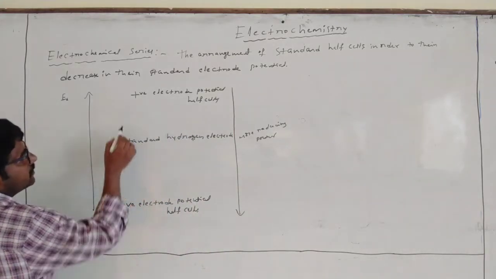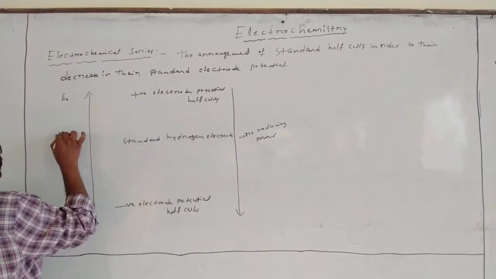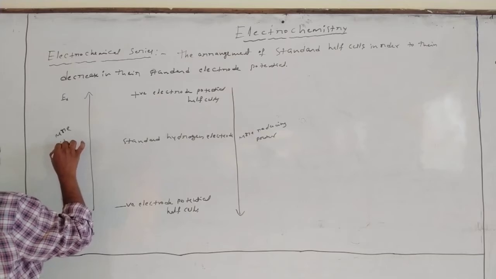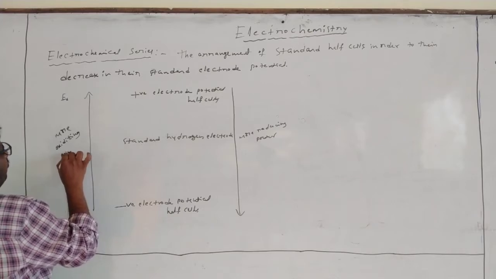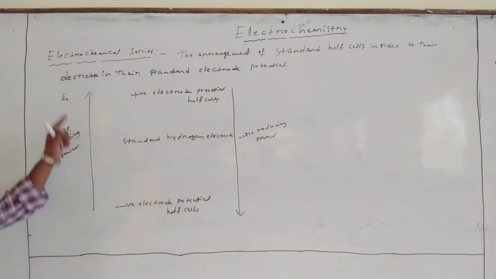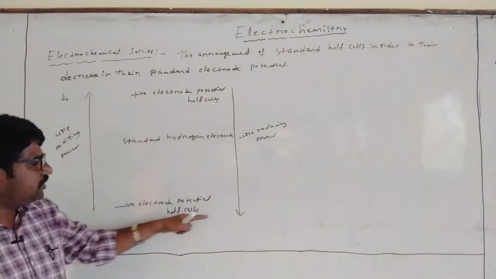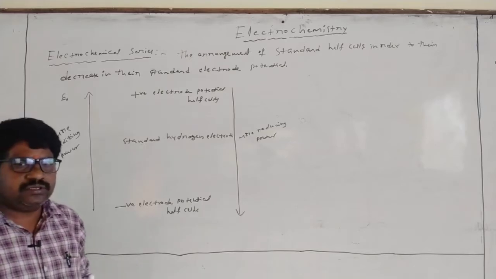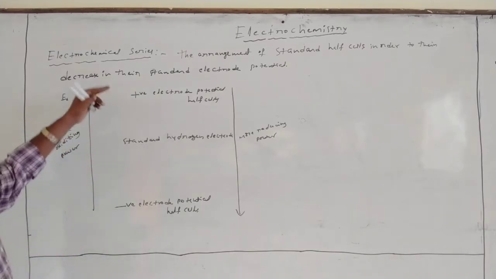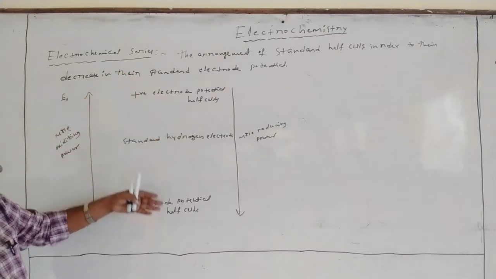When the half cells contain more positive electrode potential, they have more oxidizing power. So when positive values increase, the oxidizing power increases. When negative values increase, the reducing power increases. So this is the electrochemical series, with half cells arranged from positive values to zero and negative values.